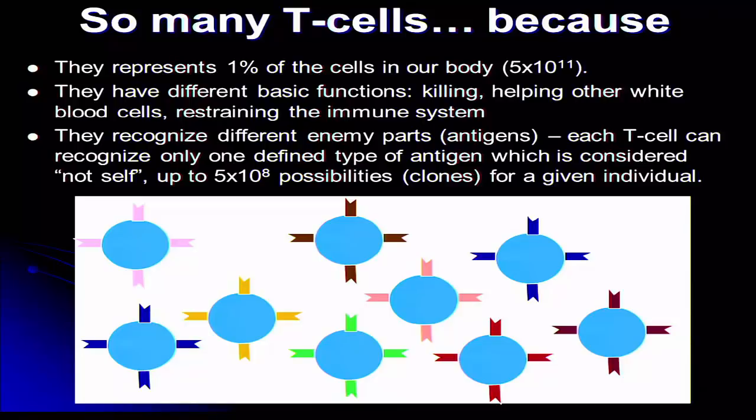And those cells are very, very, very precise. Those cells are able to recognize a difference between two targets, a difference that would sum up to 4 or 5 atoms. One amino acid is enough for those T cells to distinguish between a target and a normal cell.